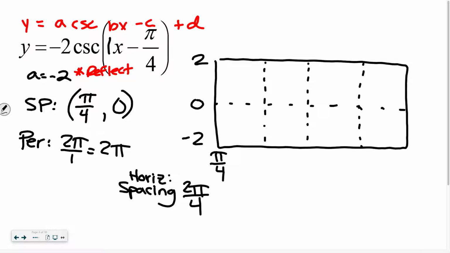And then I just start adding 2 pi fourths. So pi fourths plus 2 pi fourths is 3 pi fourths. Plus 2 pi fourths is 5 pi fourths. Then 7 pi fourths, and then 9 pi fourths. That's method 2, just adding a fourth of the distance. If you check your period, like you might have done on your worksheet, 9 pi fourths minus pi fourths is 8 pi fourths, which is 2 pi, which is the period we said it would be.